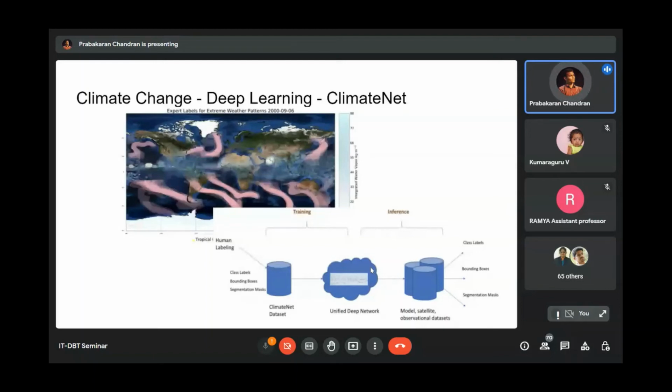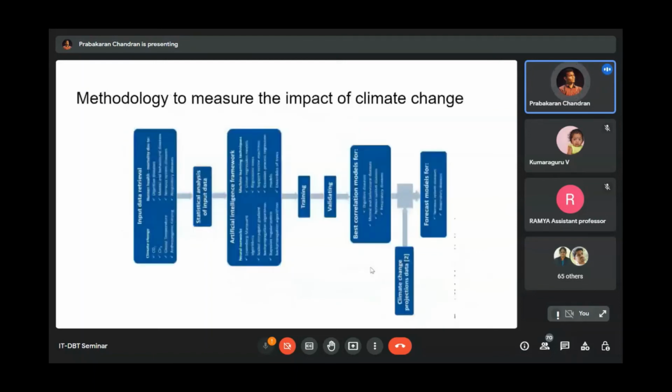Here, we have a methodology to measure the impact of climate change on human health. This is a published paper in a healthcare journal, where they collected data from two different resources. One is climate change data, based on temperature rise, seawater level rise, and emissions of methane, ethane, and greenhouse gases.